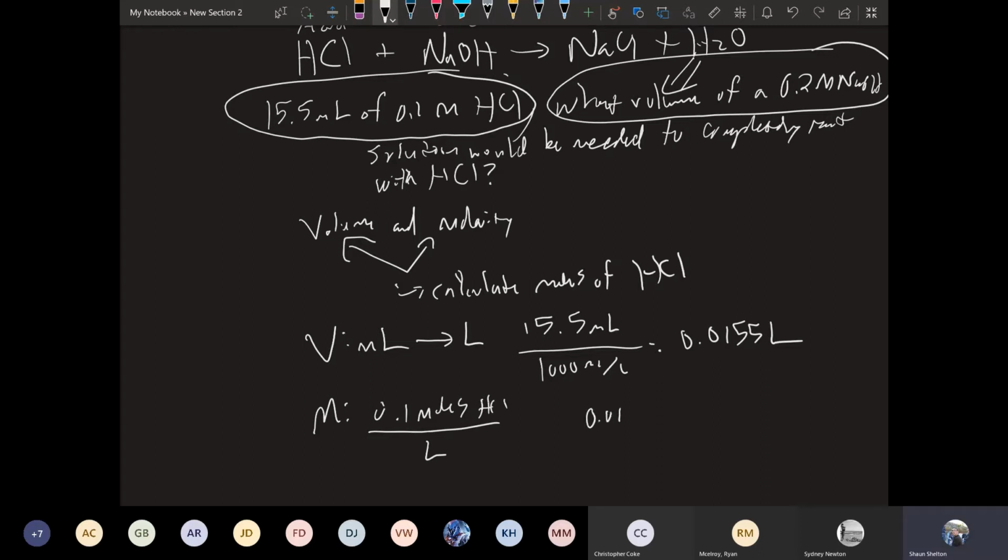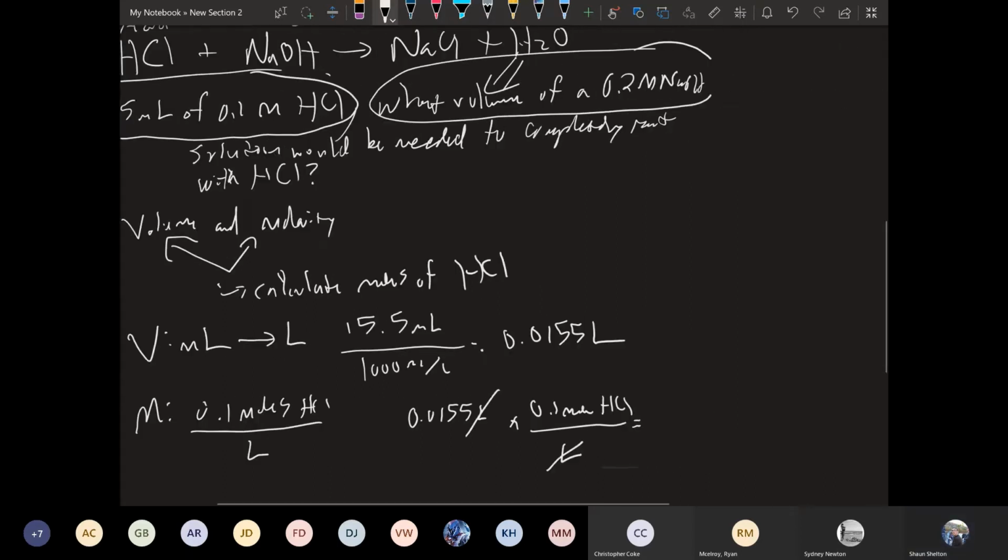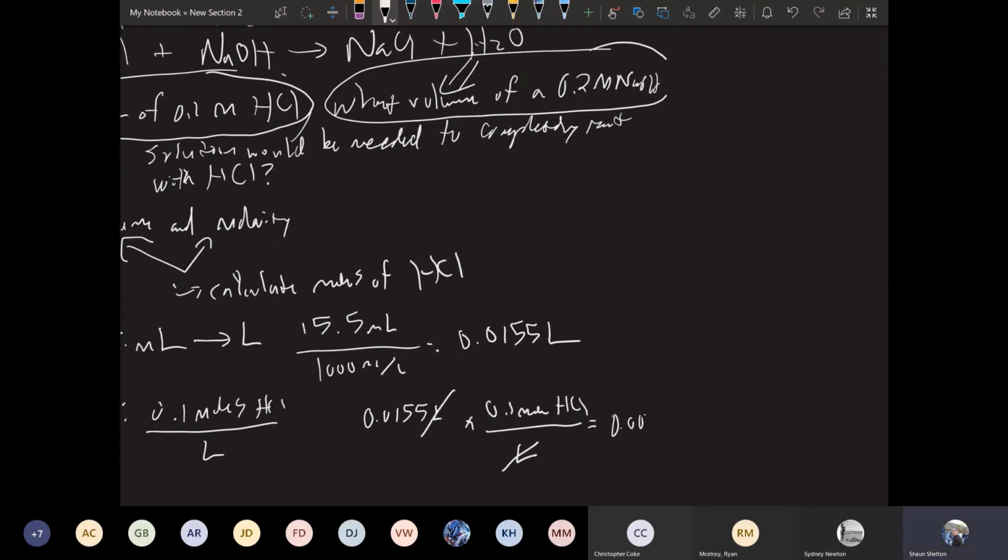So take the volume, and you're going to multiply that by the molarity. Now, if you pay attention to the units, the liters cancel out. So we multiply 0.0155 times 0.1. That gives me 0.00155 moles of HCl. All right. So we're going to take that number there, okay?